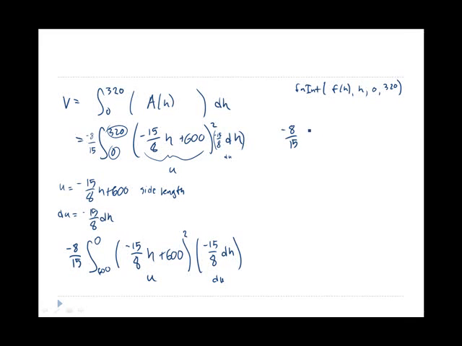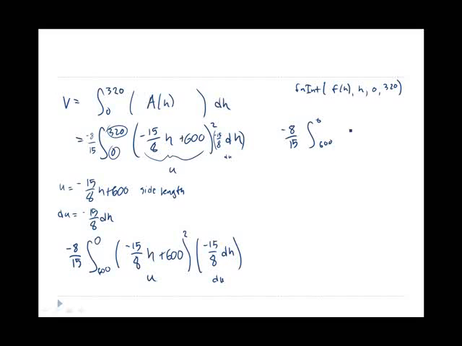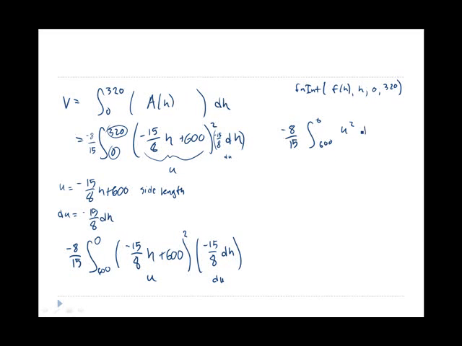Okay. 600 to 0 of u squared du. Alright, and now we could evaluate that. This would give me u cubed over 3 from 600 to 0. And we have our negative 8/15 times that. Okay.